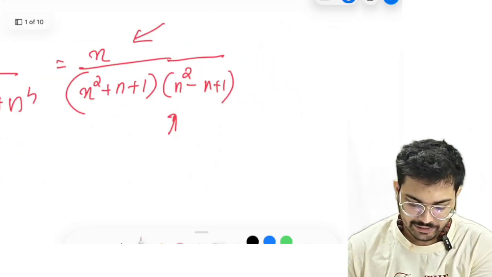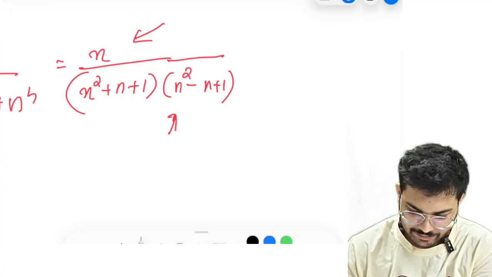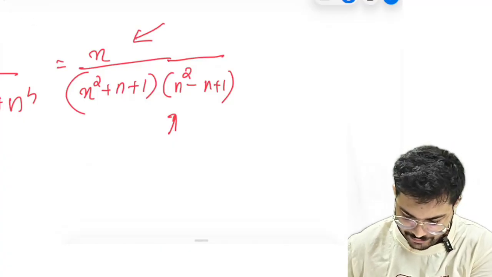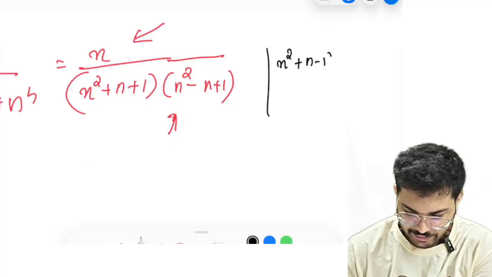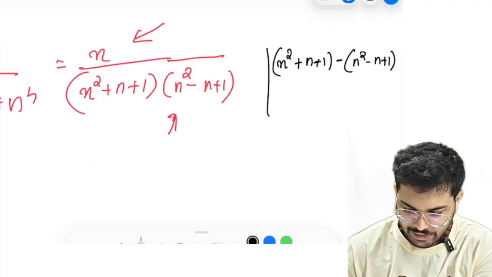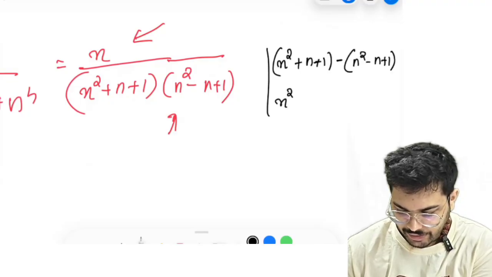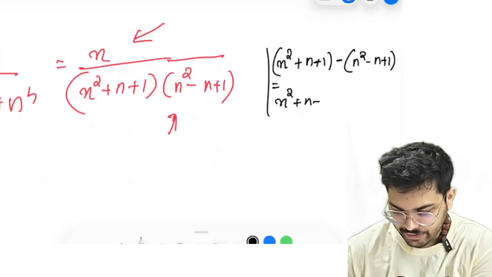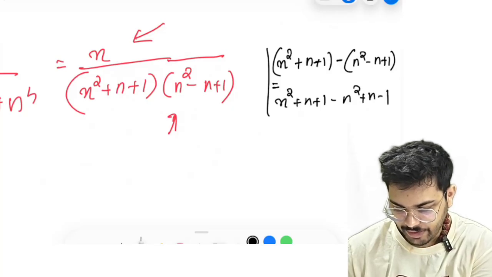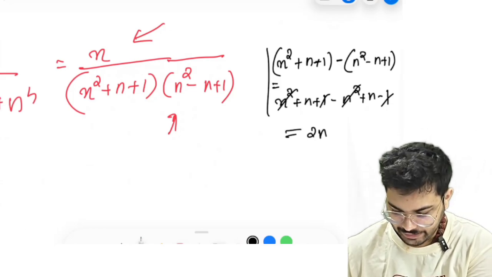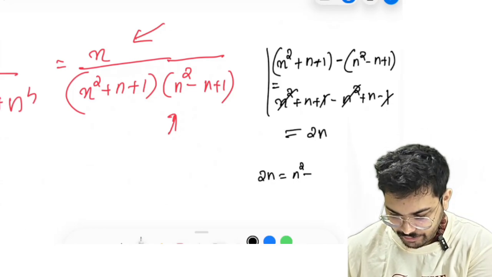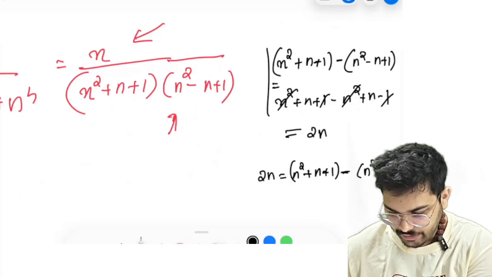If you subtract n square minus n plus 1 from n square plus n plus 1, the n square will cancel, and I'll get 2n. Therefore, you can write 2n equal to n square plus n plus 1 minus n square minus n plus 1.